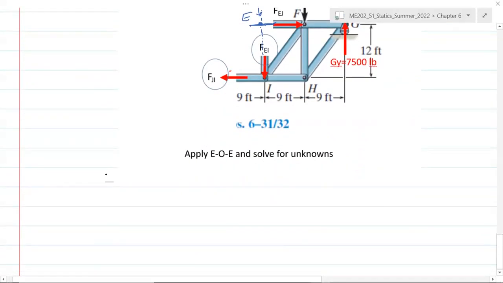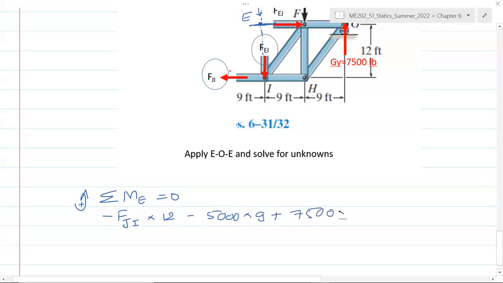So let's apply that equation. Sigma M at E equals 0. Counterclockwise is positive. So it's minus Fji times 12, minus 5,000 times 9, plus 7,500 times 18. This 7,500 is Gy here. That equals 0.